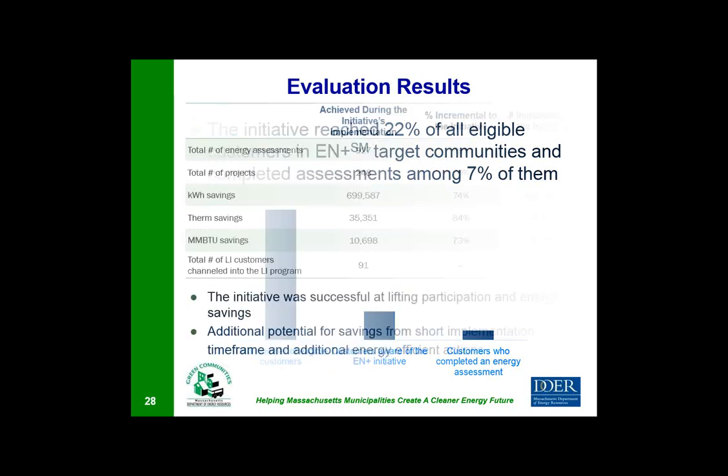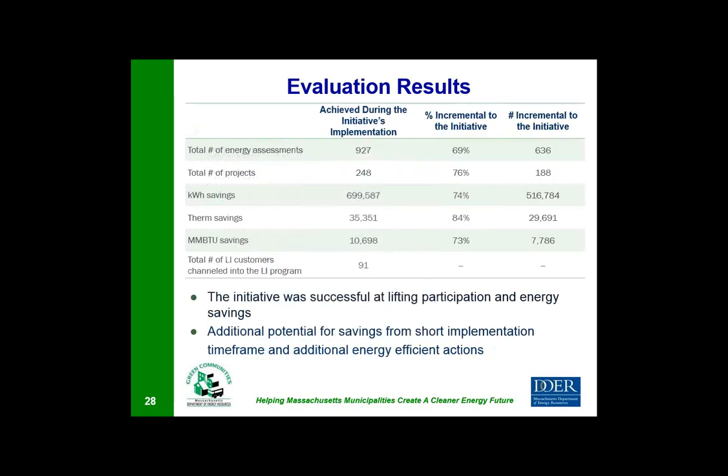So the question is, was this any different than what the PAs might have achieved under the traditional HES program? Recall that this initiative was built on the existing HES program. It didn't have this community targeting, didn't have the enhanced incentives, didn't have some of the more on-the-ground marketing and engagement techniques.